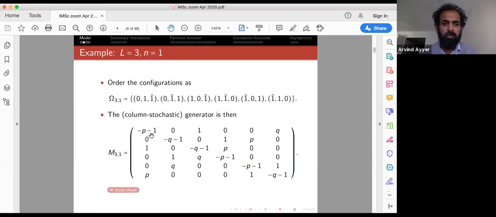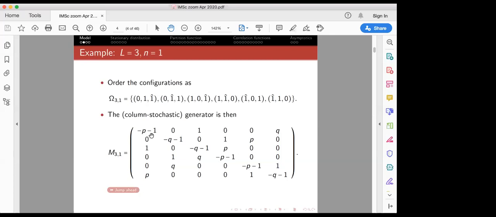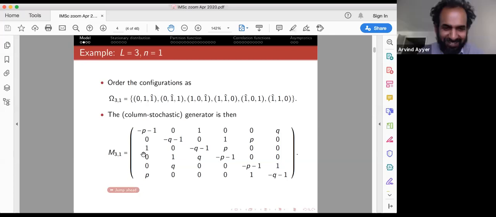That's why these negative entries are there on the diagonal. Raghavan, does that answer your question? For now, yes. Okay, fine. Please feel free to ask it.